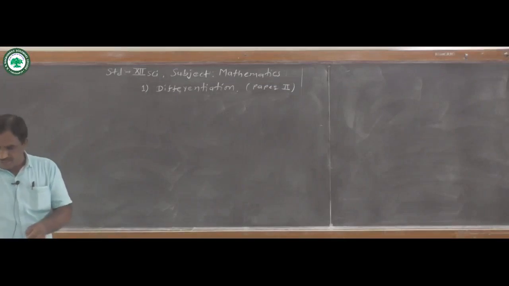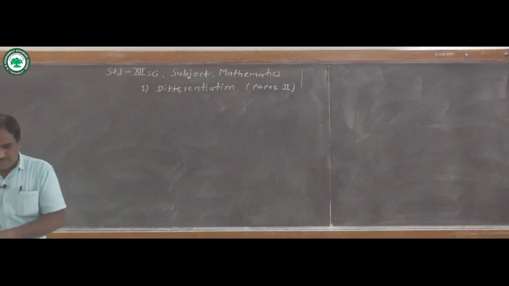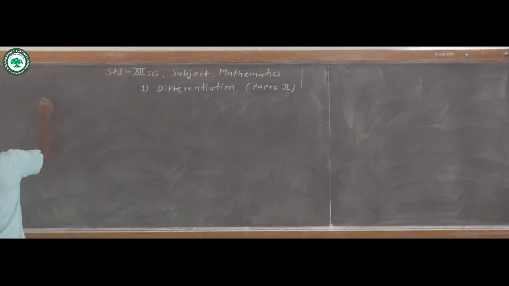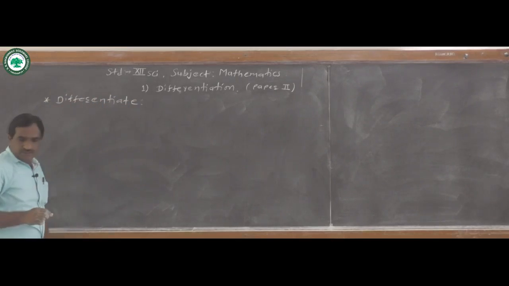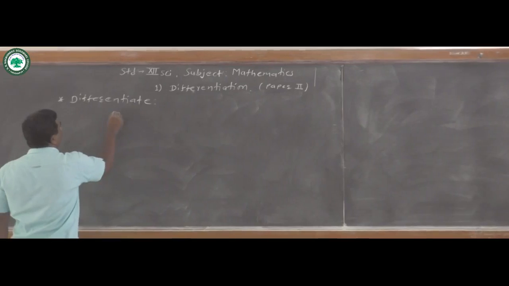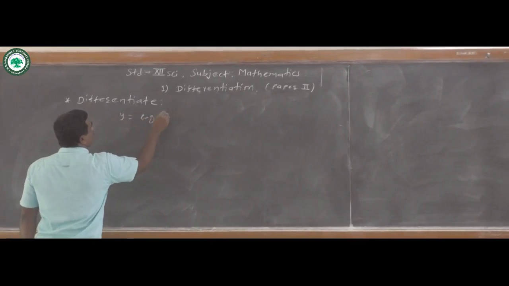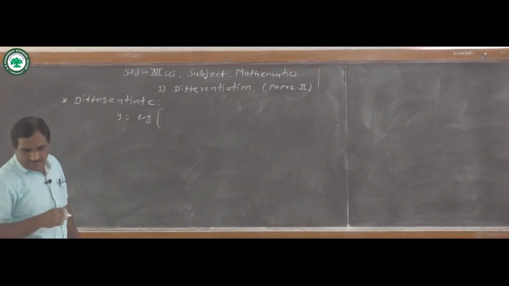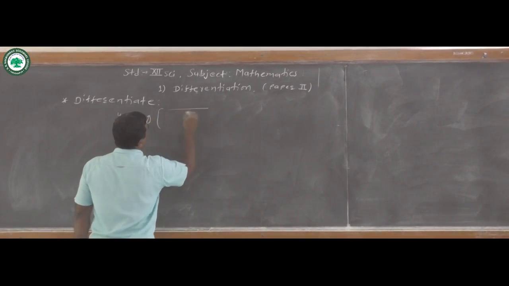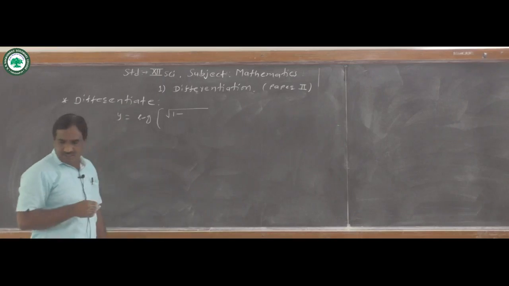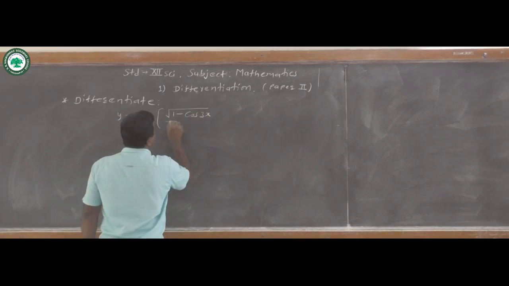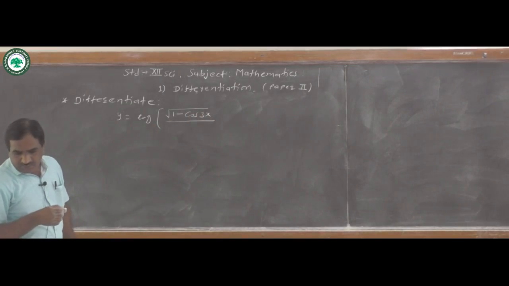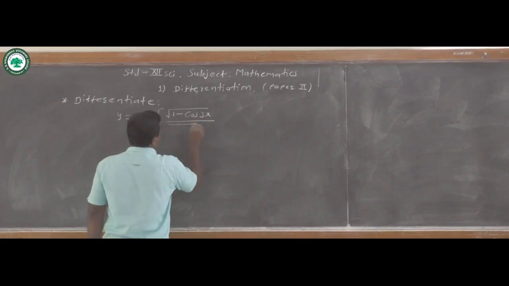Now the next example is: differentiate y is equal to log of, in bracket, under root 1 minus cos 3x upon under root 1 plus cos 3x.